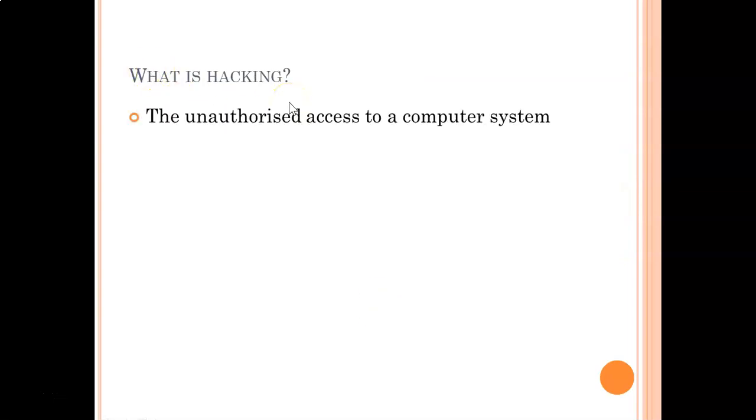So what is hacking? It's the unauthorized access to a computer system. So just know this definition, because sometimes it is commonly asked. Describe the measures that must be taken in order to protect against hacking. One way, use anti-spyware software.